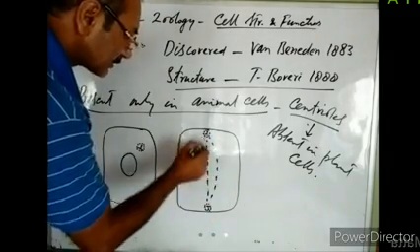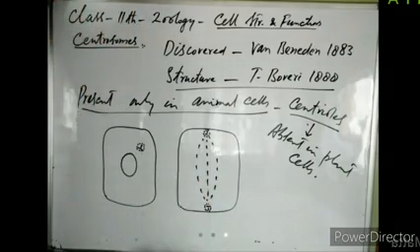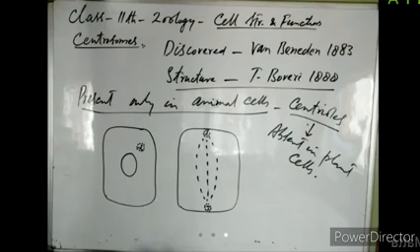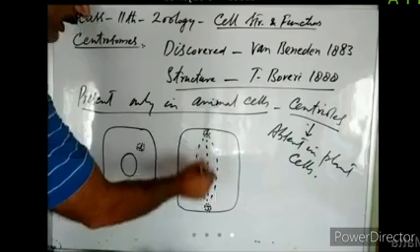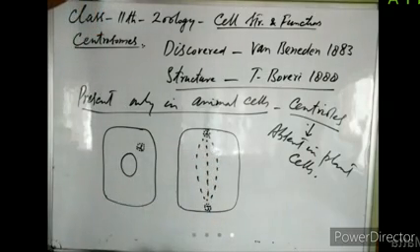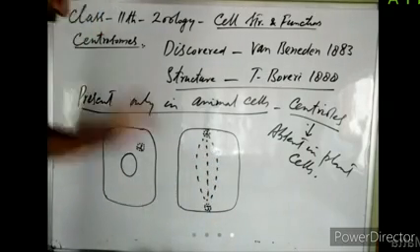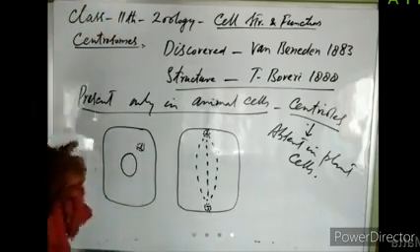It organizes the spindle. So in a non-dividing cell, you will find only one centrosome. However, in a dividing cell, you will find two centrosomes, one at each pole.